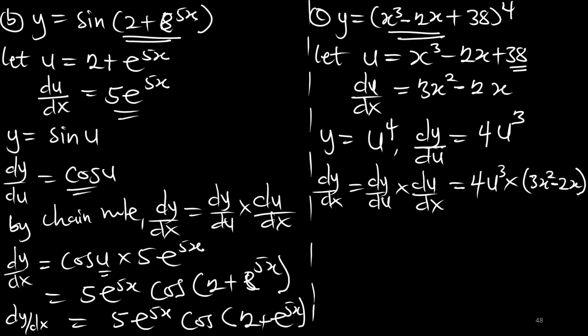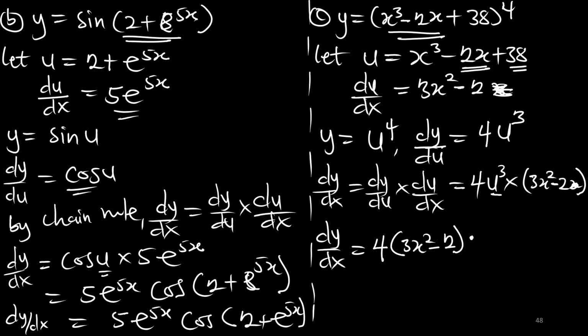So if we simplify this, dy dx is going to be equal to 4 multiplying 3x squared minus 2, because we differentiate 2x and that is going to be 2. Multiplying now u cubed.